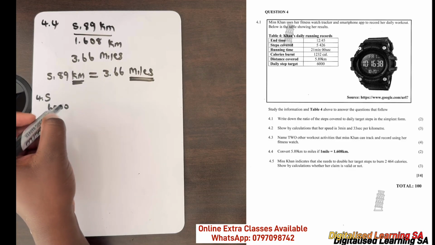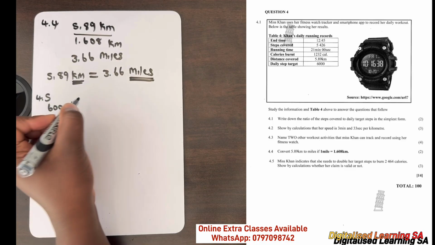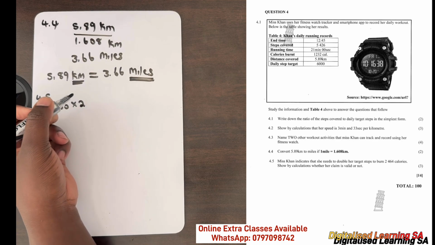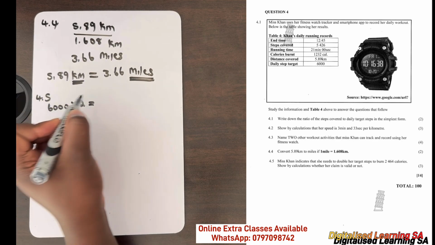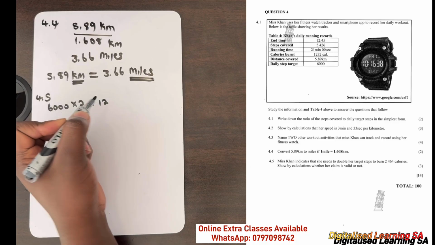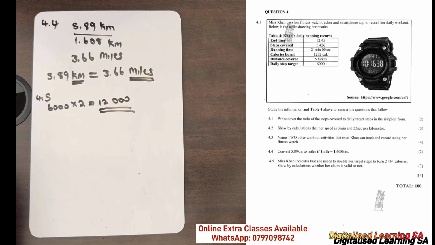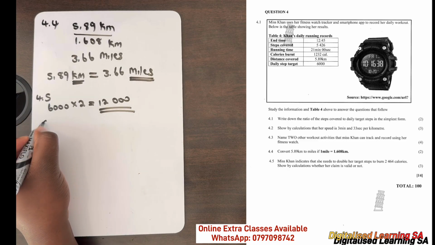So doubling that, it means that now her daily target steps will be 6,000 multiplied by 2. That's doubling. Okay, so her daily target steps will be 12,000. And now we need to calculate the calories burnt.